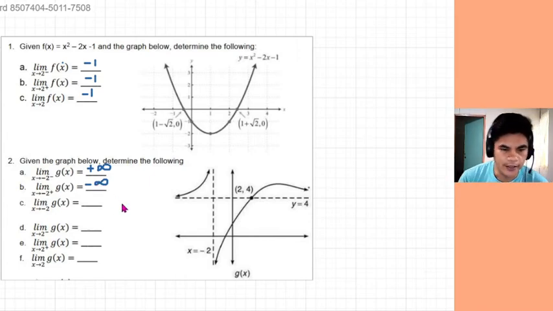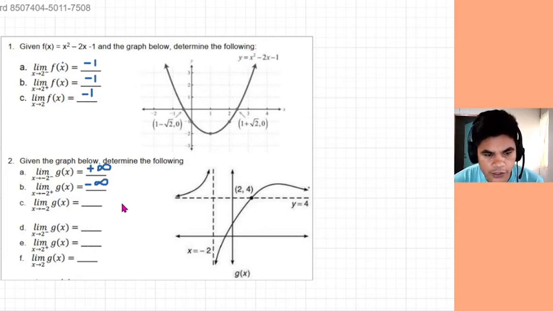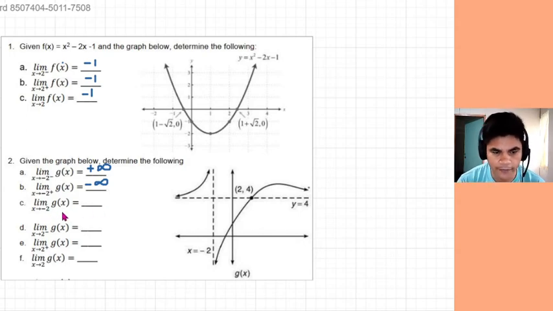Okay. Now, letter C. The limit of g(x) as x approaches negative 2. So, in this case, that is either from the left or from the right. Since the limits from the right and from the left do not meet, therefore, the answer here is D and E. What is meant by D and E?